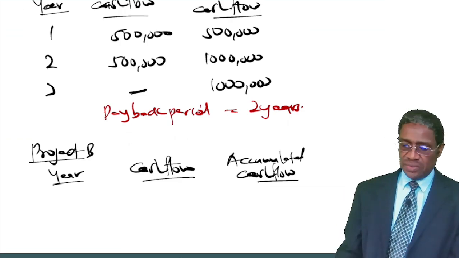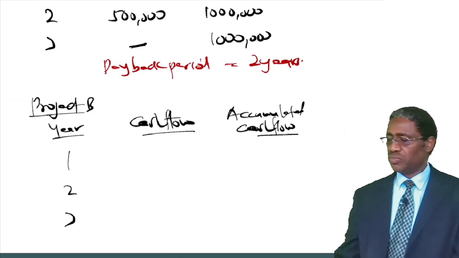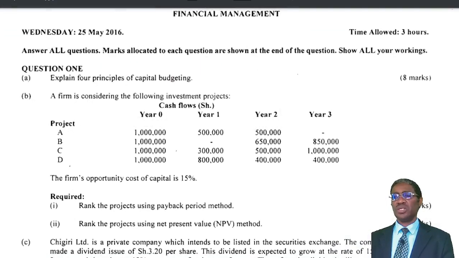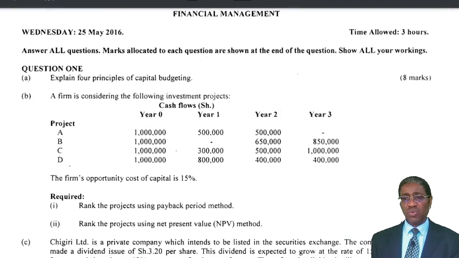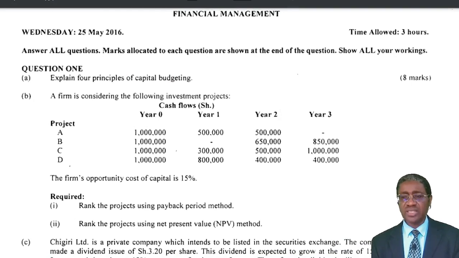We have 3 years, year 1, year 2, year 3. I can see year 1, project B had nothing. Then second year, 650. Third year, 850.